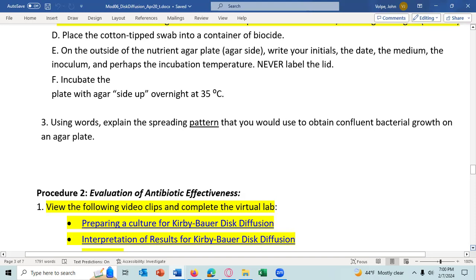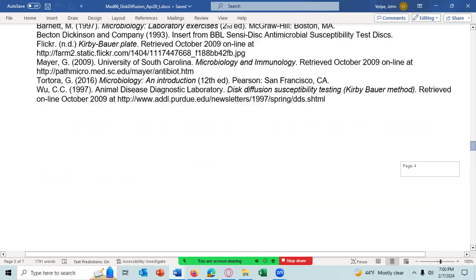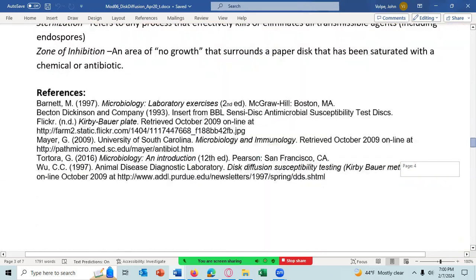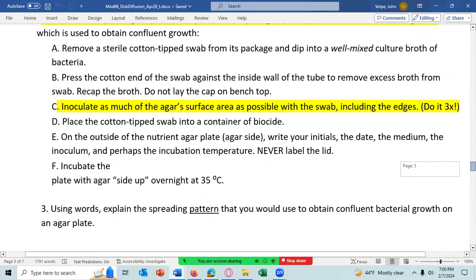Incubation is overnight, for 16 to 18 hours at 35 degrees C.